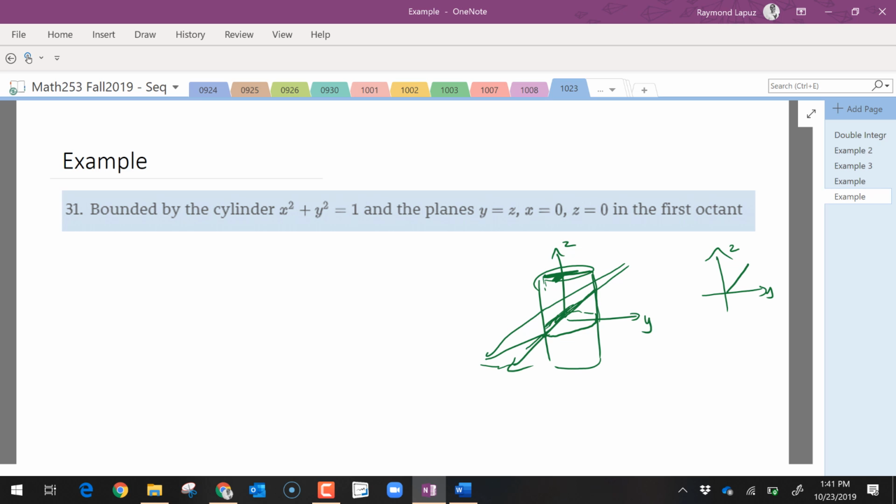Somebody probably has a better drawing than me. So it's in the first octant, so what you could do is maybe you can imagine a quarter of a cylinder and then a plane cutting it this way. So cutting a wedge out.